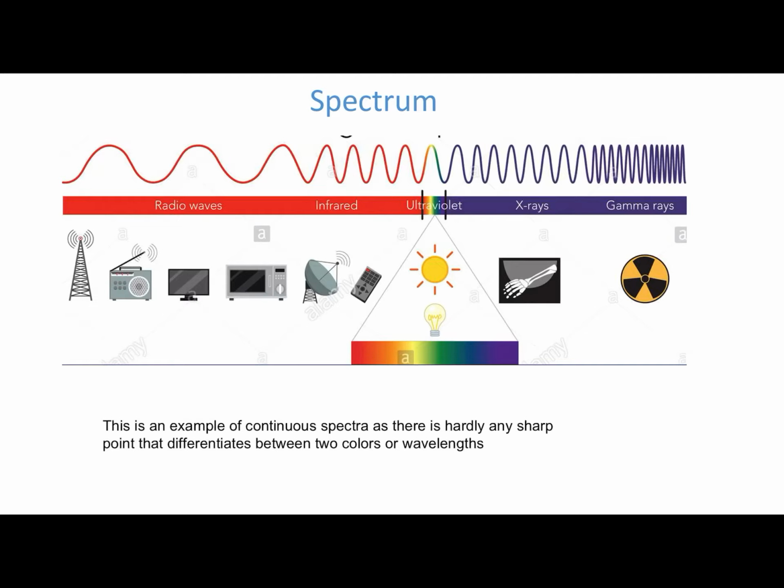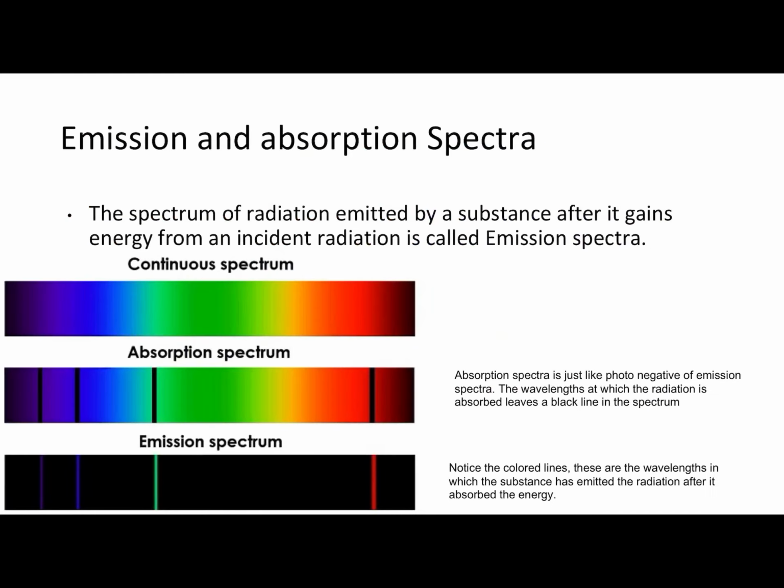This is an example of continuous spectra, as there is hardly any sharp point that differentiates between colors or wavelengths.